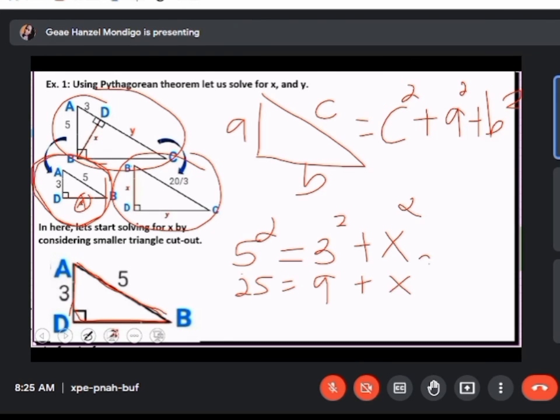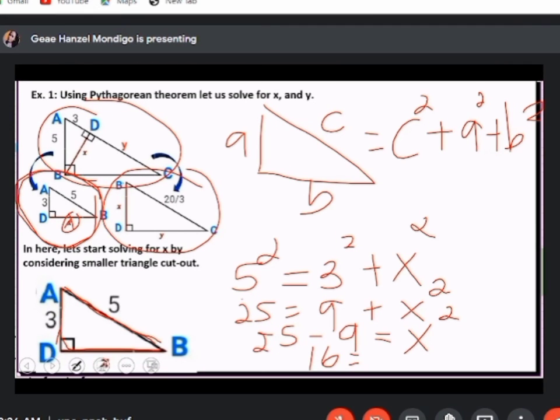So we apply the subtraction property of equality. We have 25 minus 9 is equal to x squared. 25 minus 9 is 16. So we have 16 is equal to x squared.